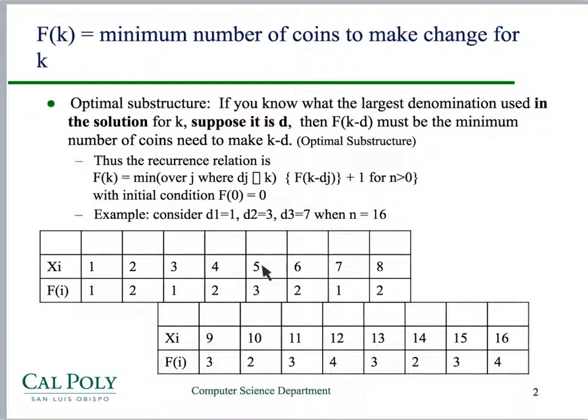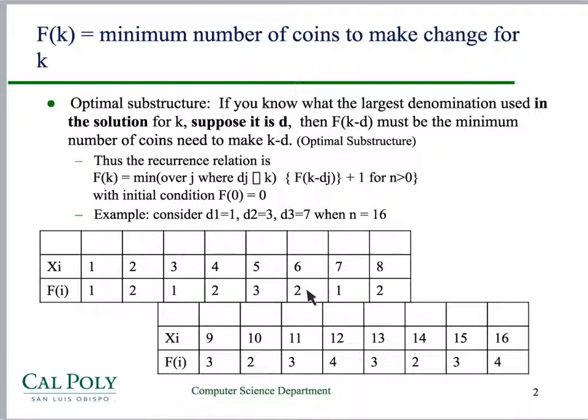In a similar fashion, for 5, we try the denomination of 3. That brings us back to 2, which took 2 coins, and 2 plus 1 is 3. If we use a 1-cent coin, we go back to 4, which took 2 coins, so that's 3, and 7 won't fit. So again, we get 3 coins for this.